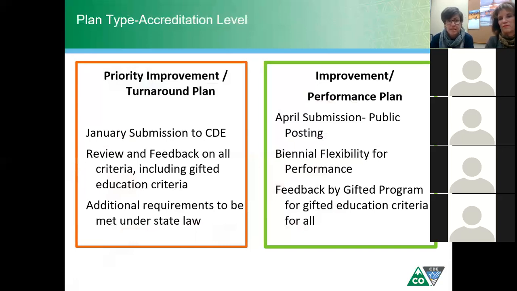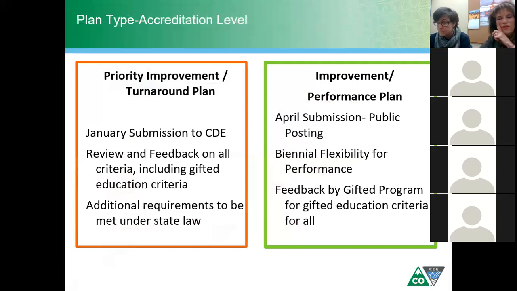So there are some definite distinctions in terms of what that review process and implications of accreditation levels have for, again, the product. And again, for those of you that are navigating some of the process elements, those different purposes might be felt a little bit more heavily.